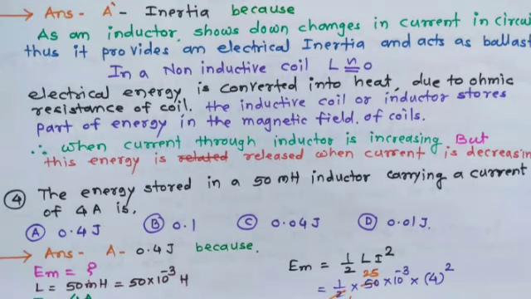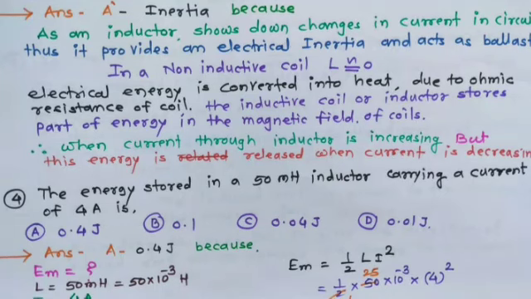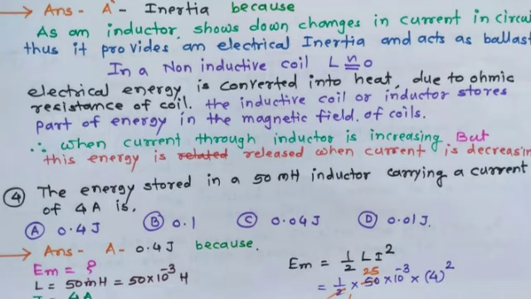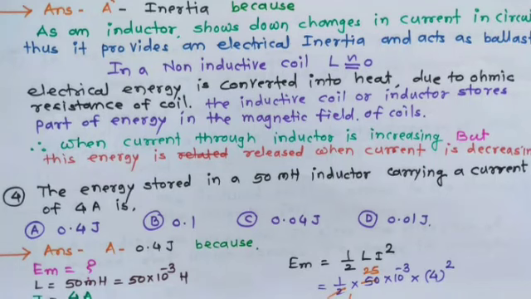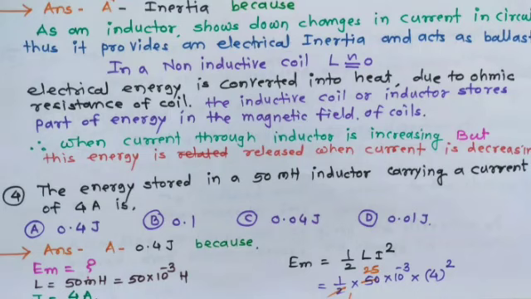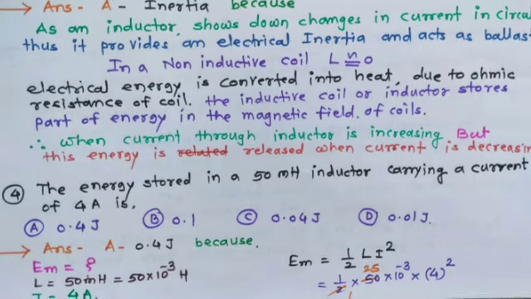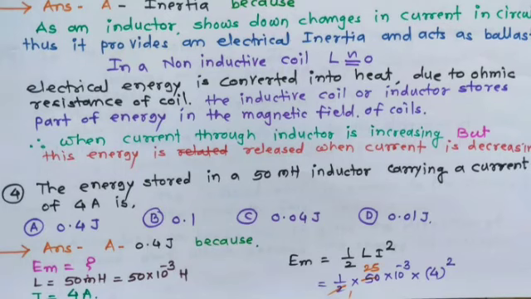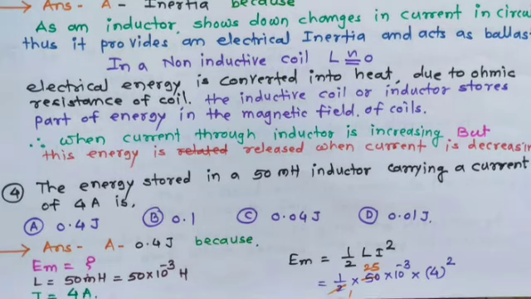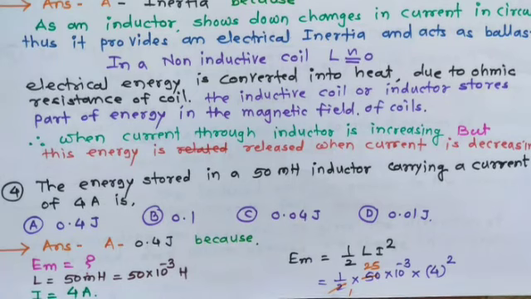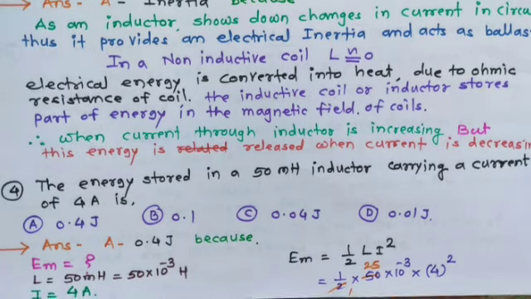Here the answer is option A 0.4 joule, because from the given data, we can find the energy EM. Here inductance L is 50 into 10 raised to minus 3 henry and current I is 4 ampere. So we can use EM equal to half L I square.